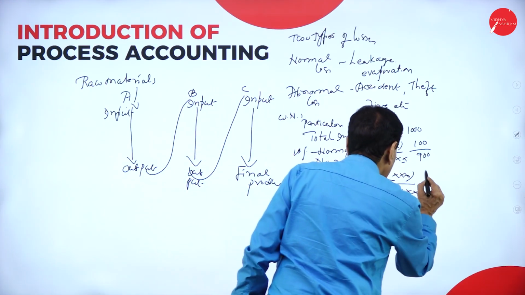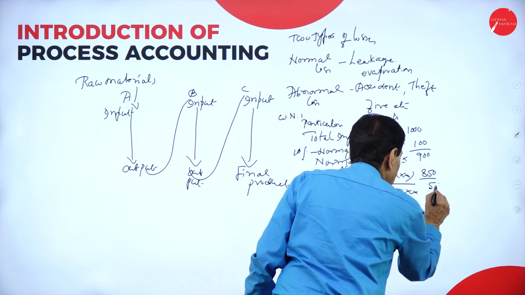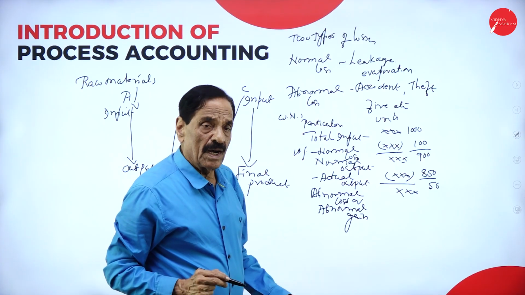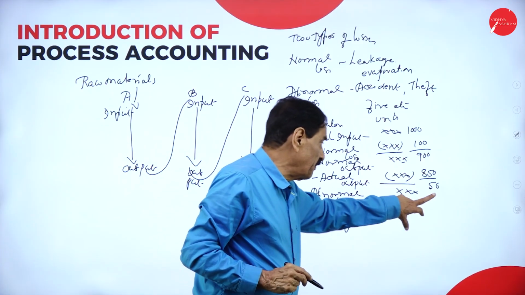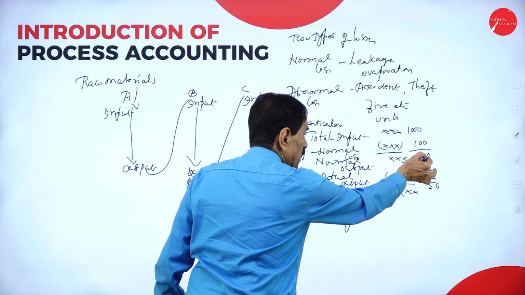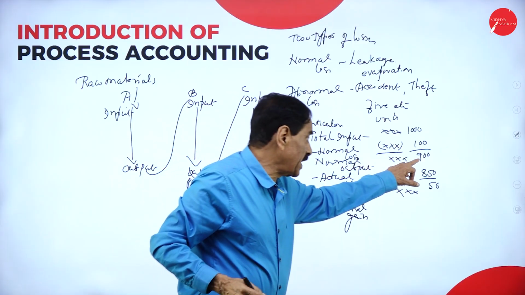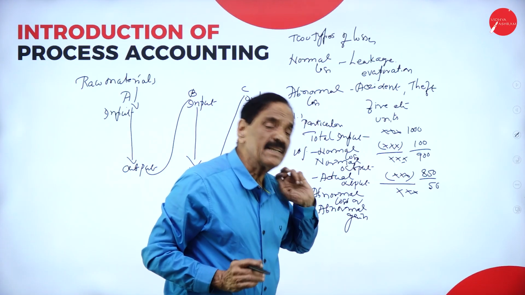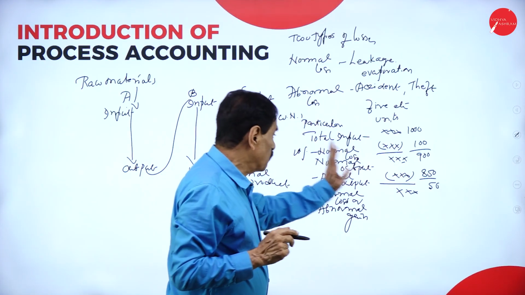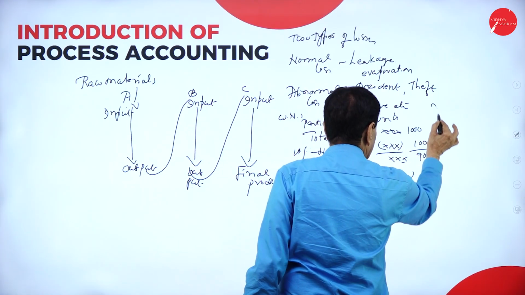By chance, if your actual output is 850, the 50 is called abnormal loss. By chance, if the actual output is 950, the 50 is called abnormal gain. More than this is gain, less than this is abnormal loss. So this is the standard. Less than standard is called abnormal loss. More than standard is called abnormal gain. This is the way you have to do it.